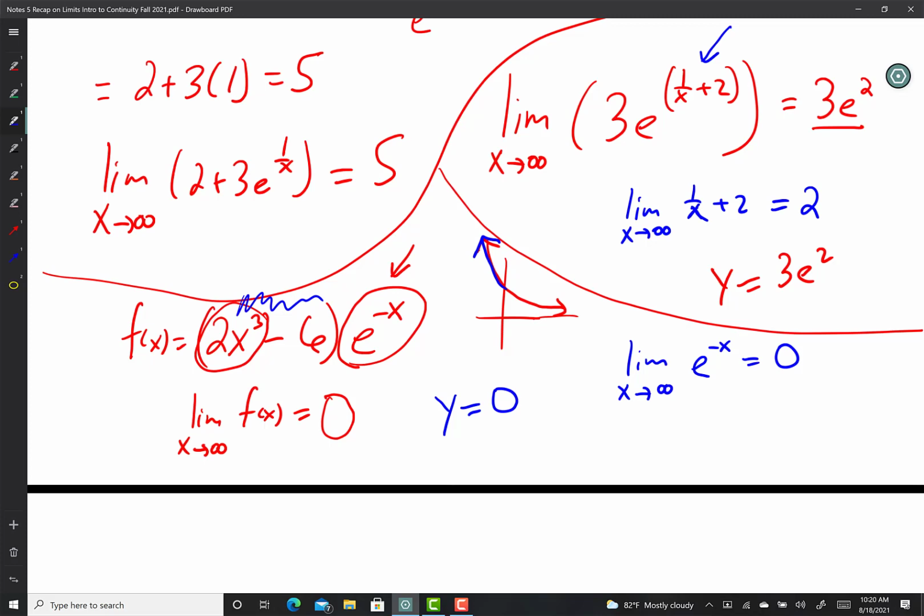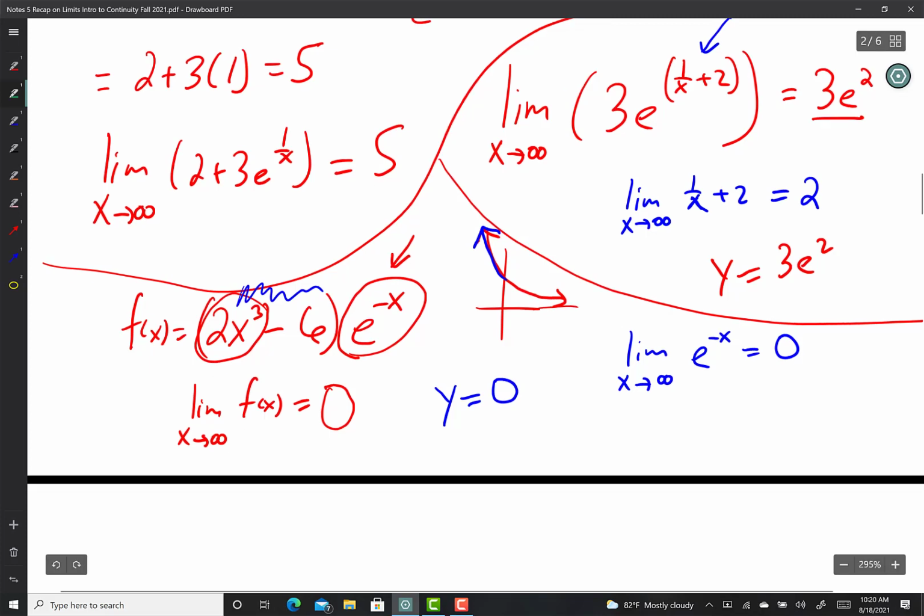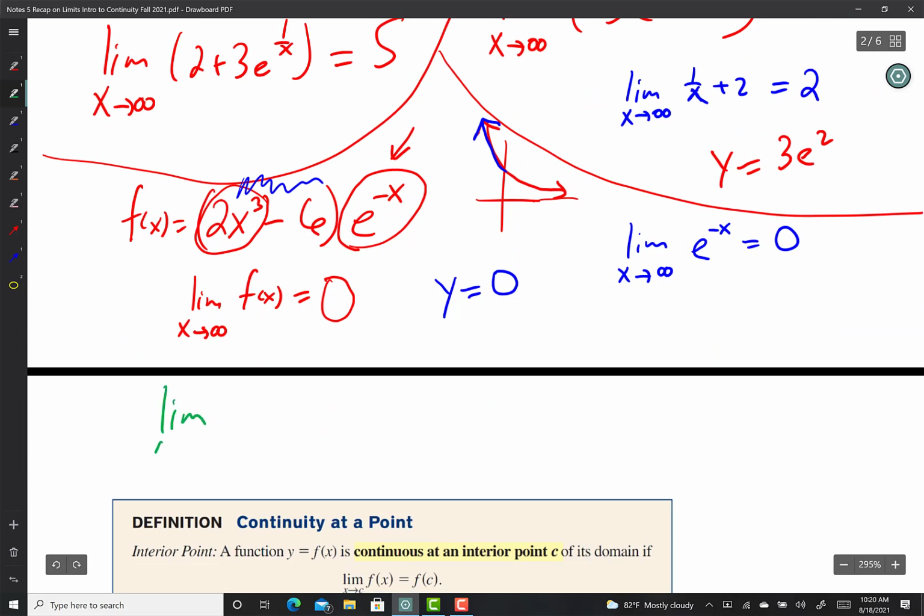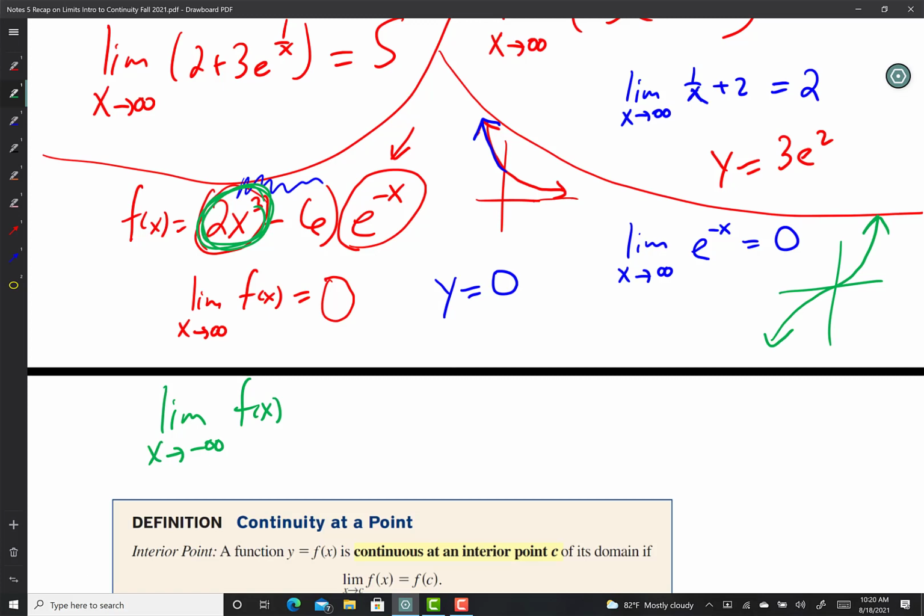Yeah, I'll do it in green. Limit as x approaches negative infinity for this function. Now notice what my dominant term is in that parenthesis. It's 2x cubed. What does 2x cubed look like? Like this. Who cares about that minus 6? That's just a vertical shift down 6. Cool?